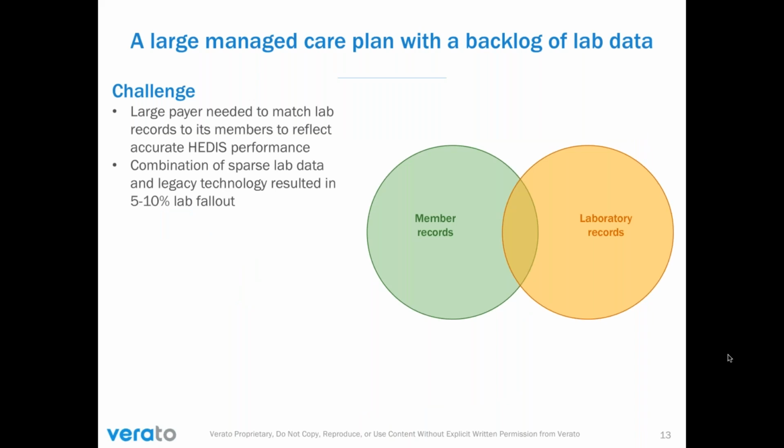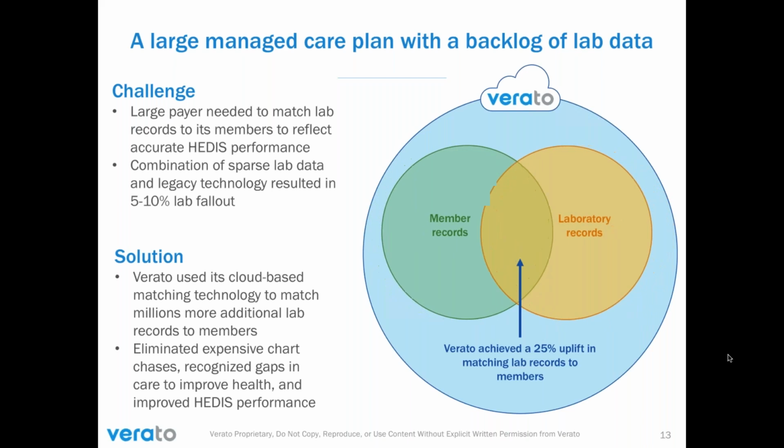So if we come back to the example we were talking about before, the payer organization that was trying to link together laboratory results with its own membership records to improve the outcome of its quality of care reporting, Verato was able to use our referential matching to give a 25% uplift in the proportion of member records and laboratory records that they were able to bring together.